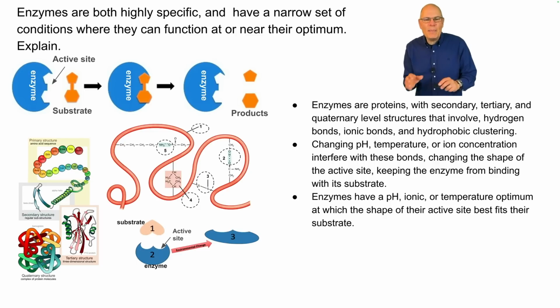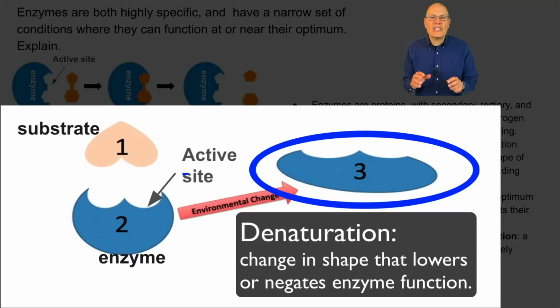Enzymes therefore have a pH, ionic, or temperature optimum at which the shape of their active site best fits their substrate. Environmental change can cause denaturation, a change in the shape of the enzyme that lowers or completely negates enzyme function.